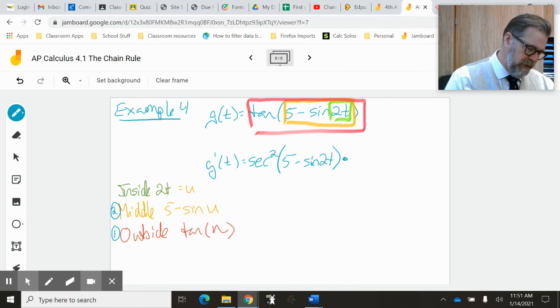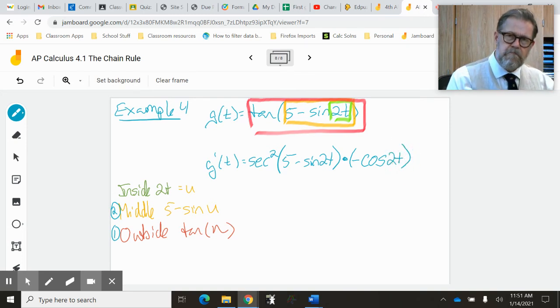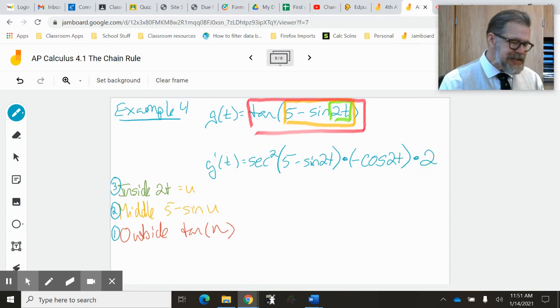Well, the derivative of 5 is 0. The derivative of a negative is negative the derivative of sine. So that's cosine. And then I'm just going to leave that part alone. Finally, times, step 3, the derivative of the inside. Well, the derivative of 2t is just 2.